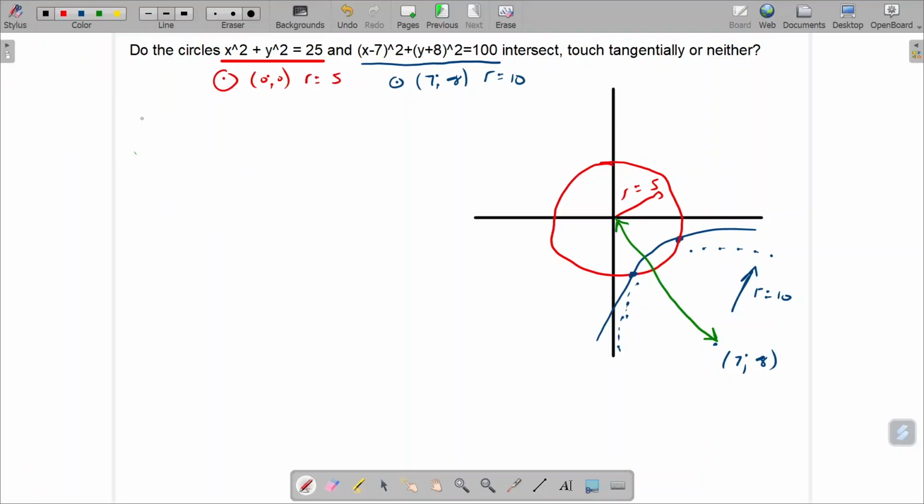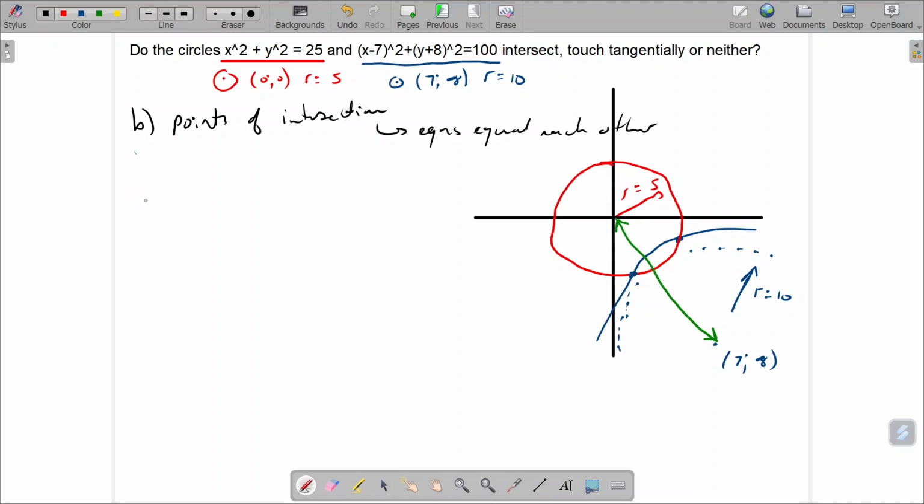So I've answered that question about whether they do intersect. We now know that they do intersect. I now want to find the points of intersection between them. So question B, I want to find the points of intersection. Now, normally with points of intersection, you make the equations equal each other.